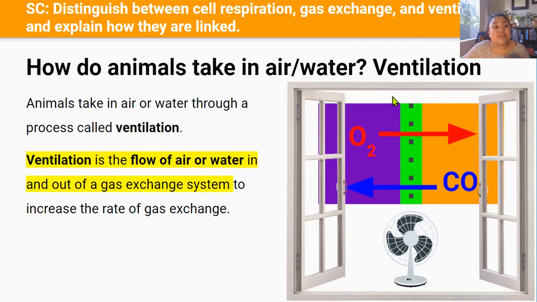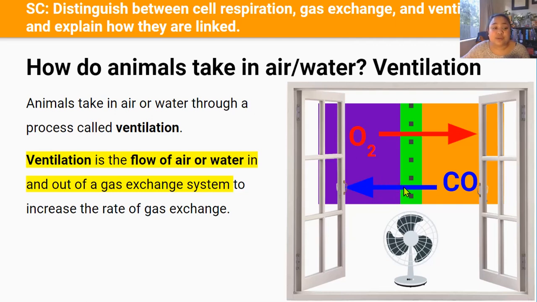Ventilation is the movement or the flow of air or water in and out of a gas exchange system. So lungs or gills or the tracheal system, which you'll learn more about in the future.